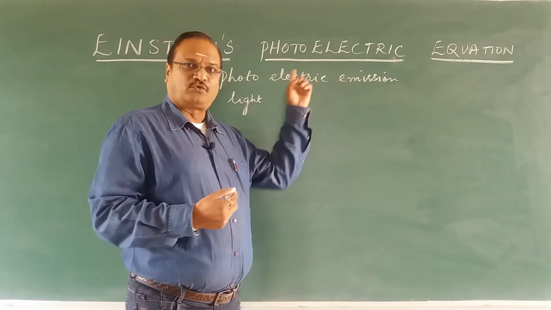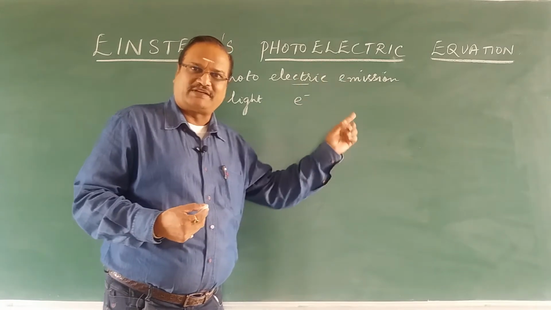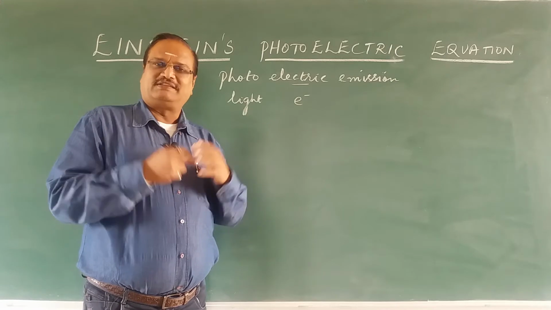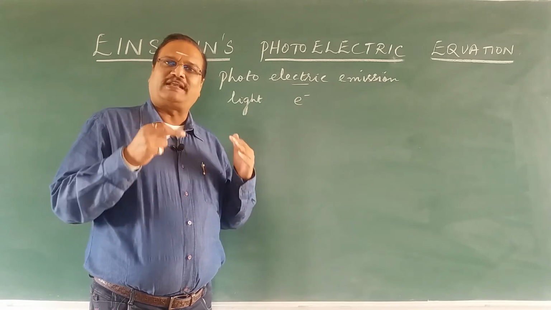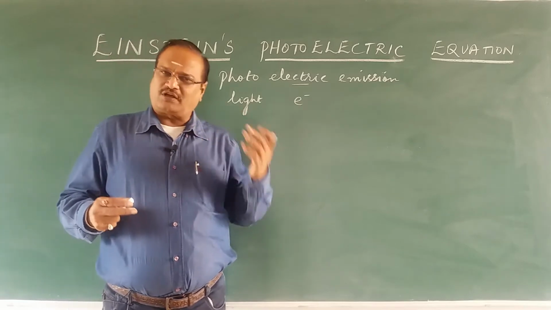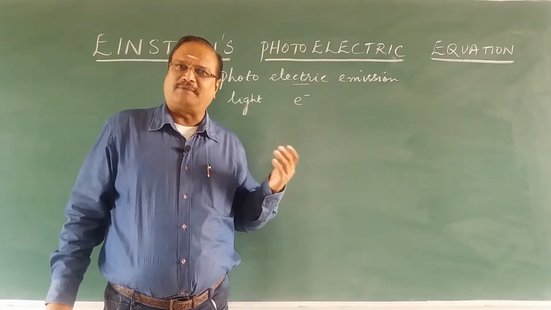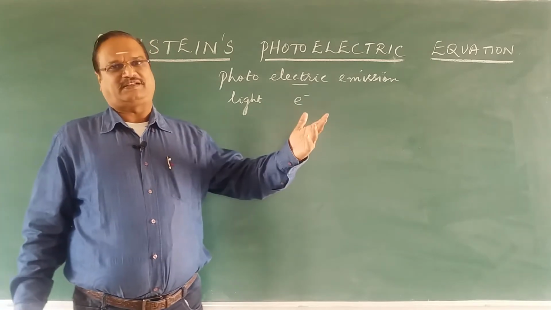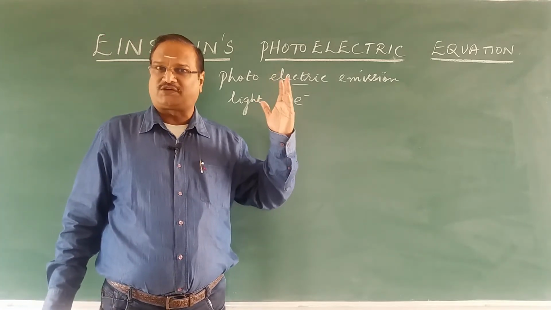And these photoelectrons being emitted when a metal is subjected to light is called photoelectric emission. So it's a very simple phenomenon, emission of electrons when a metal is exposed to light, but light of sufficient frequency.